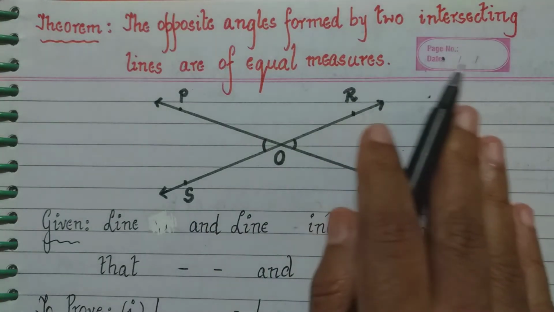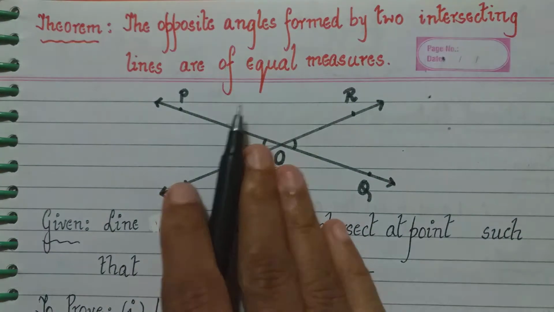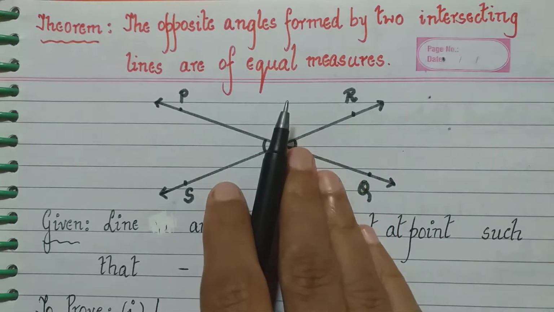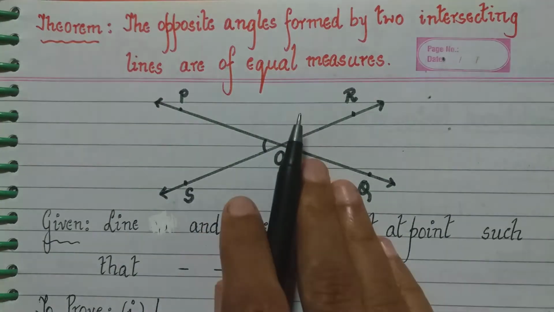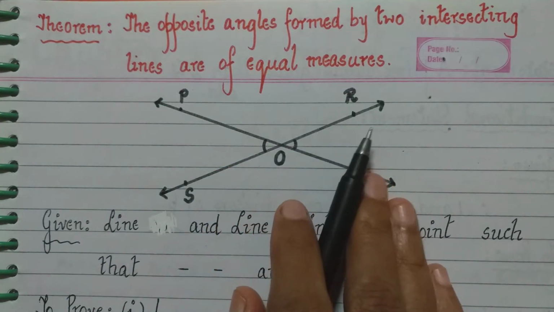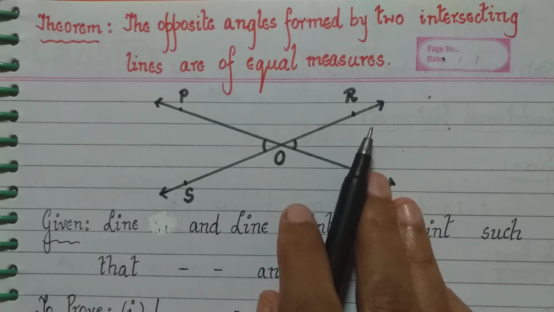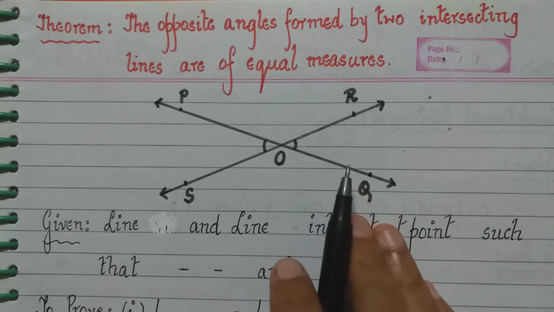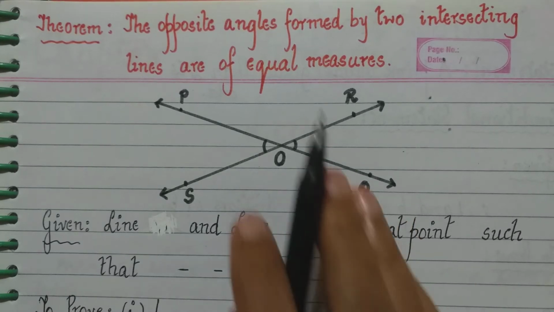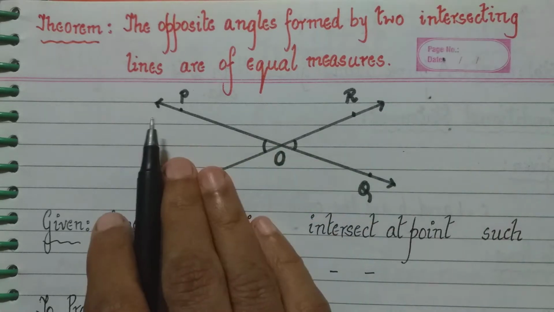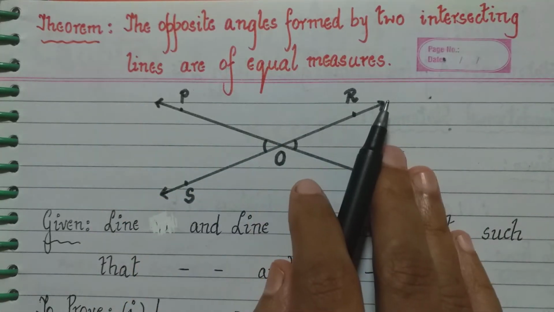Like here, we are supposed to prove that these opposite angles formed are of equal measures. So, we have to write down which are the opposite angles formed and which of them we have to prove are equal to each other. And then the third step is to write the proof, how we prove that the opposite angles formed by two intersecting lines are of equal measures.